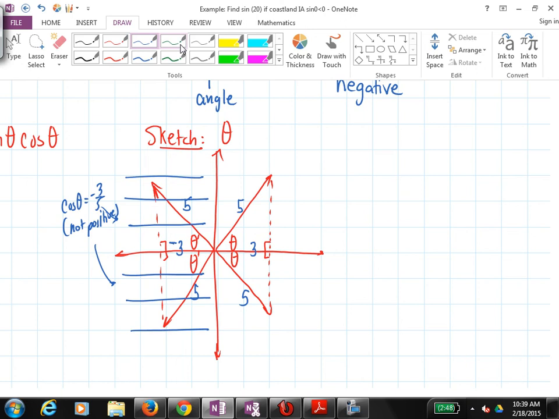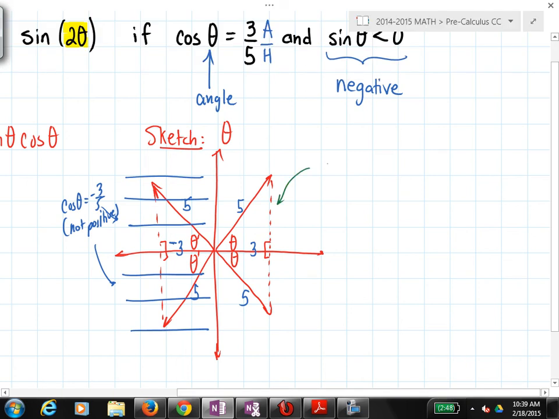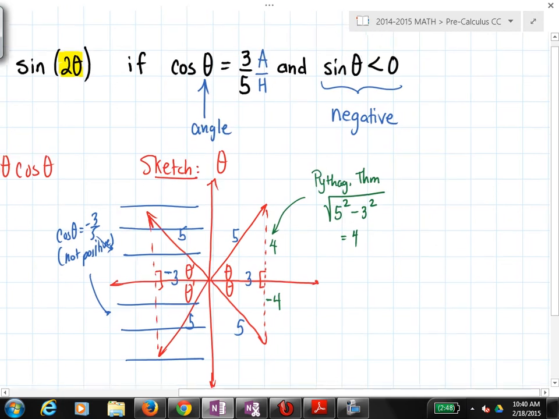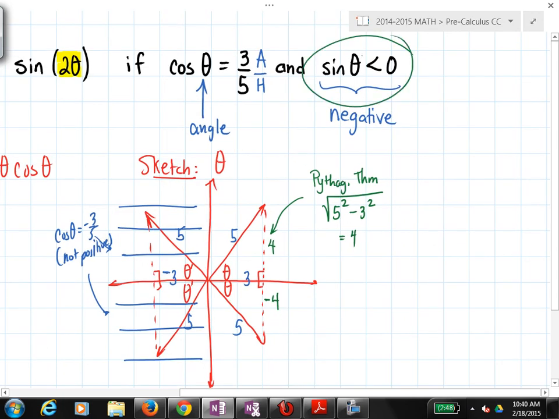Now, furthermore, it also tells us that sine of theta should be negative. If you wanted to, just look at the signs, but eventually I'm going to need this. How do I find the opposite? Yeah, Pythagorean theorem. Yes, you could use Pythagorean theorem or recognize that it's a 3, 4, 5 right triangle, but basically you can do 5 squared minus 3 squared, square root of that, you will get 4. So this is 4, but this one down here is negative. And according to our problem, they wanted sine of theta to be negative.